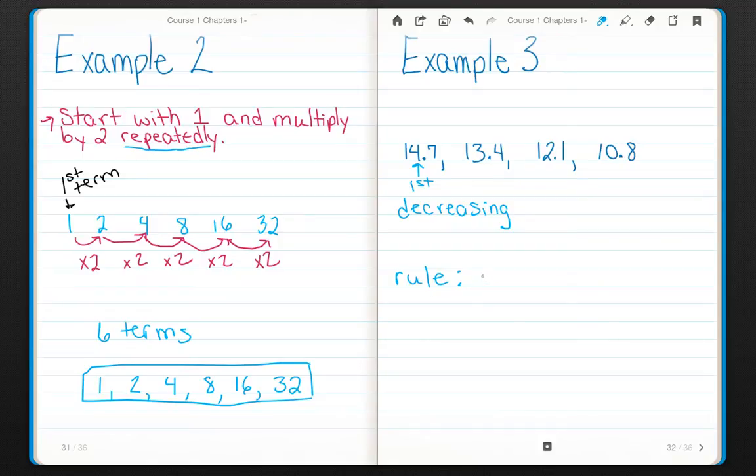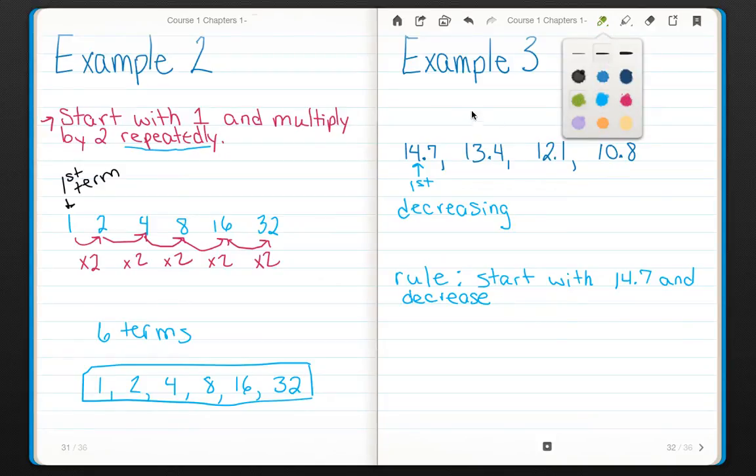So my rule: start with 14.7 and decrease. But now I'm stuck. I don't know what I'm decreasing by. So I need to find what I am decreasing by each time.